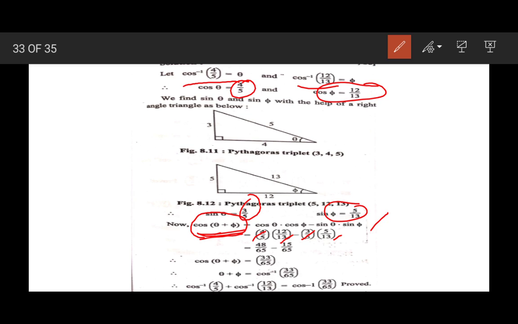After multiplication, what am I getting? 48 upon 65 minus 15 upon 65. So 48 minus 15 is 33 upon 65.